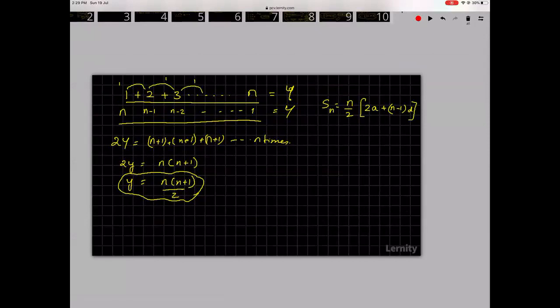So I can say Sn is equal to n by 2 into first term 2 plus n minus 1, d is 1. When I work this out, it is equal to n into n plus 1 by 2. So either I apply it this way or that way, the answer is the same, n into n plus 1 by 2.